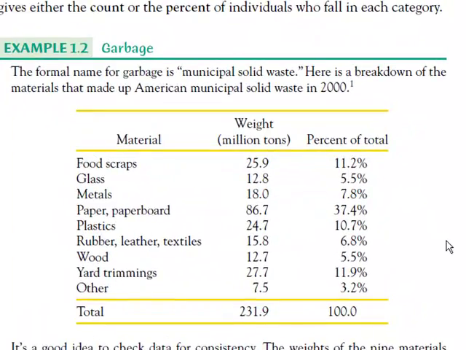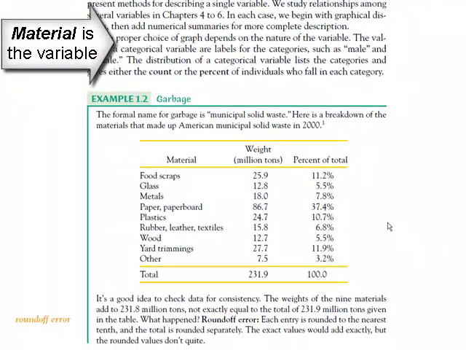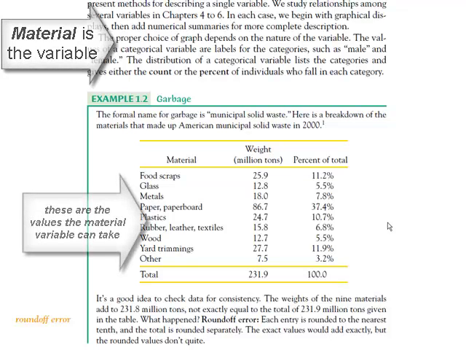So if we have this data here, what is this? The formal name for garbage is municipal solid waste. Here's a breakdown of the materials that made up American municipal solid waste in the year 2000. So the material is the variable, and the values of this variable are food scraps, glass, metals, paper, plastics, and so forth.